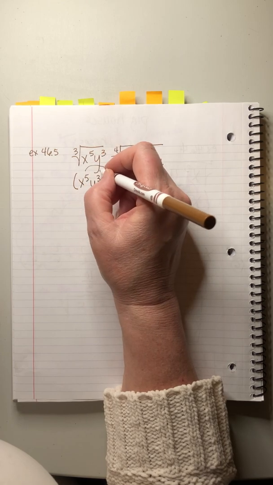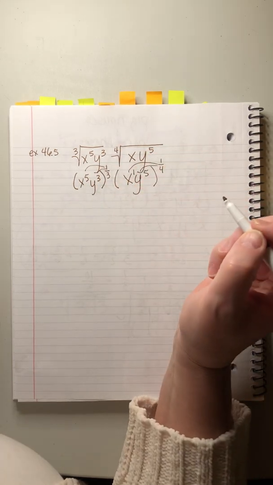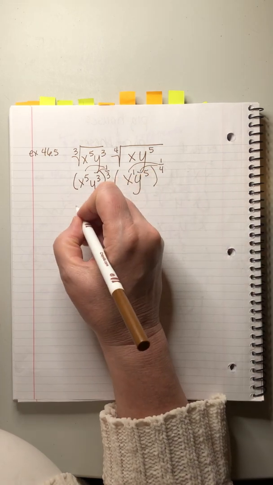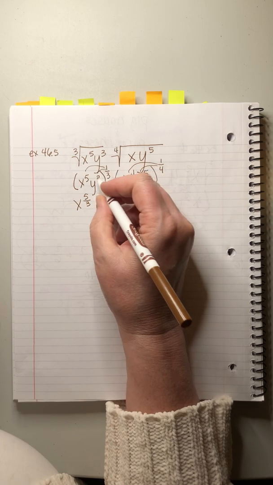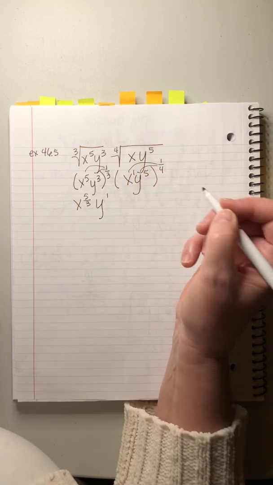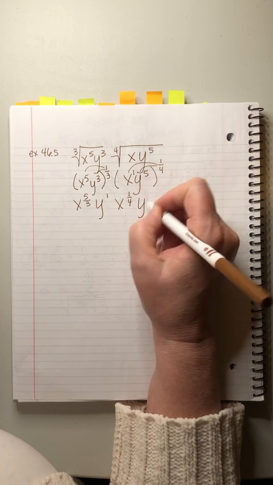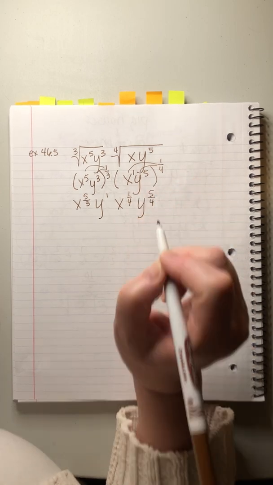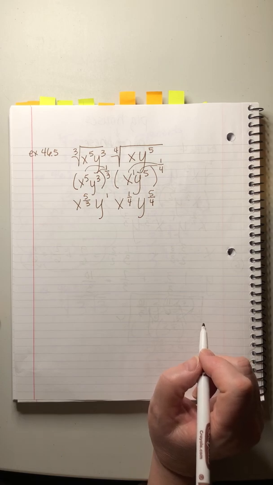And then we distribute. Okay, now we multiply. X to the 5/3. Y, 3 times 1/3 is 1. X to the 1/4. Y to the 5/4. All right. I like it.